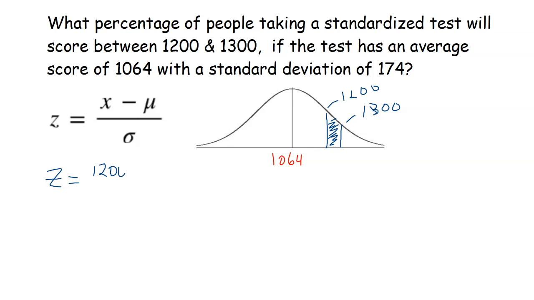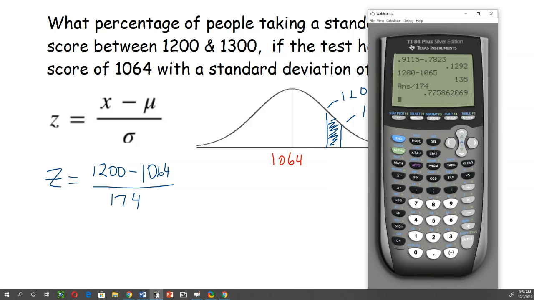We're going to start off with 1200 minus the mean, which is 1064, and we're going to divide by 174. At this point, when you do your problem, pull out your graphing calculator or your little multifunction calculator, and I want you to find this Z-score.